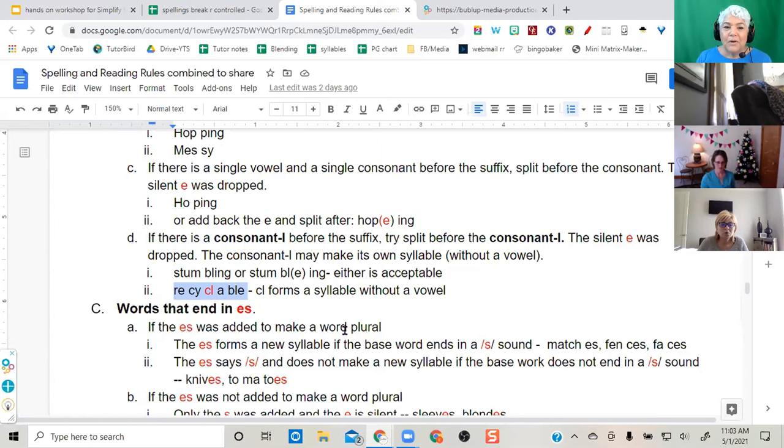Recyclable. Recyclable, right? The CL is definitely a syllable by itself, and the dictionaries agree. I haven't seen one that disagrees that the CL is a syllable by itself without a vowel. It's okay. The E was dropped. It is one of those consonant LE syllables.